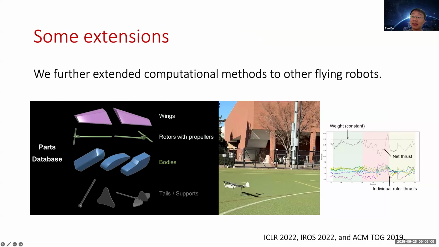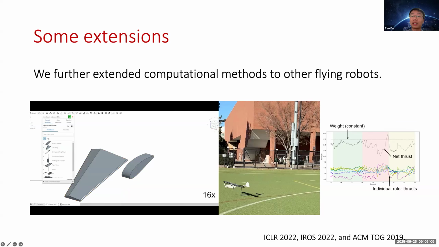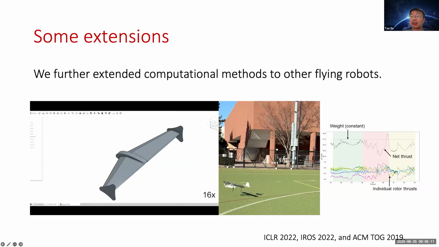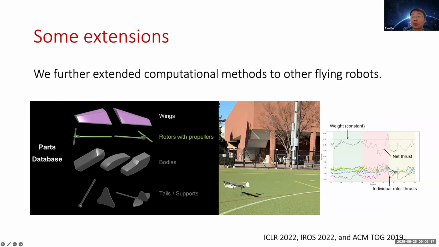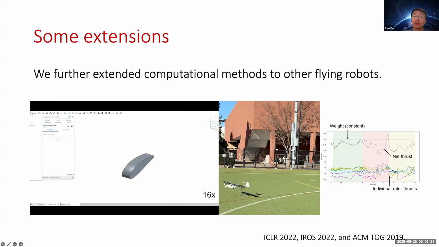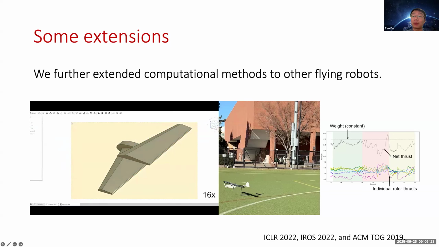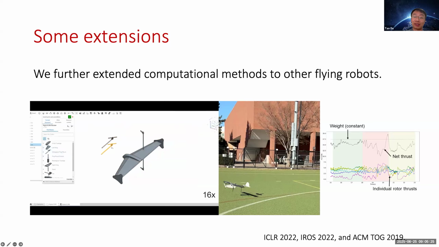And we further extended the computational design pipeline to other flying robots, including a hybrid design that exploits both fixed wings and rotors. This particular project includes a hardware-compatible part database from which experienced users can assemble fabricable flying robot designs.